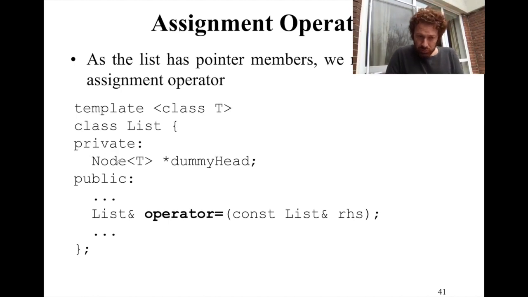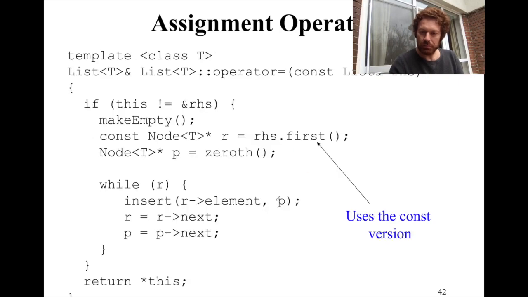Let's do some operator overloading then. I want to support this. I want to set L1 equal to L2. So whatever L1 is, I don't care. I will make the content equal to L2. I can do it like this. So let L1 be this. Again, dummy head points. So L1 is maybe holding even numbers, 2, 4, and so on.